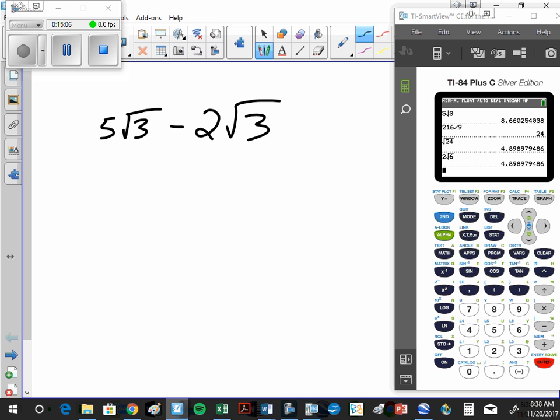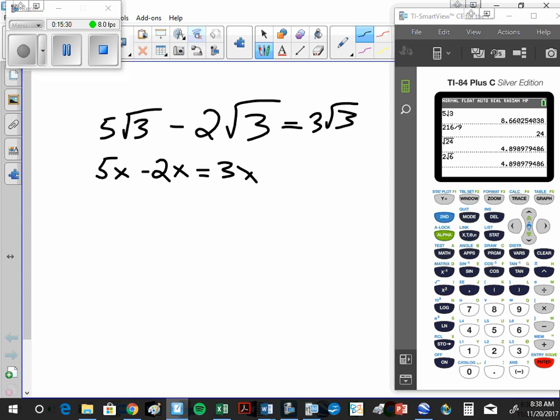Well, it's sort of like saying 5x minus 2x. What is 5x minus 2x? 3x. So what is 5 square root of 3 minus 2 square root of 3? 3 square root of 3. Do you guys see that?